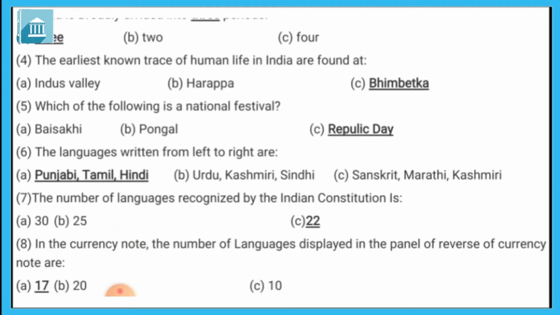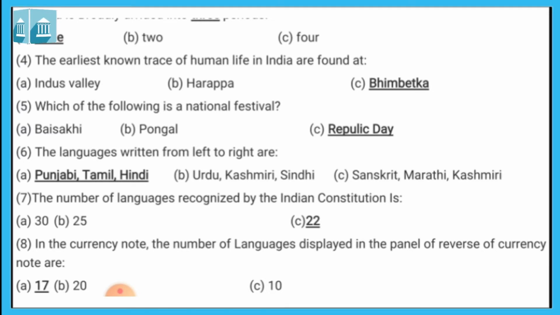Sixth, the languages written from left to right are? There are 22 languages which are authorized by the government in our constitution. Most of these languages we can write from left to right. But there are some languages, Urdu, Kashmiri, and Sindhi, which are written right to left, right side to left side.